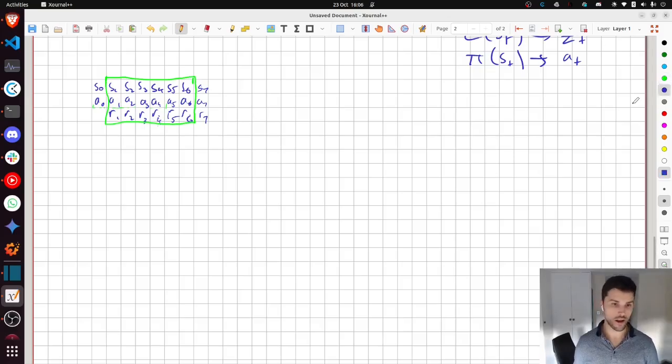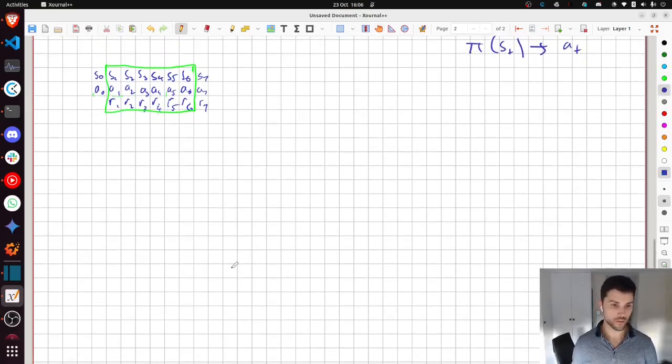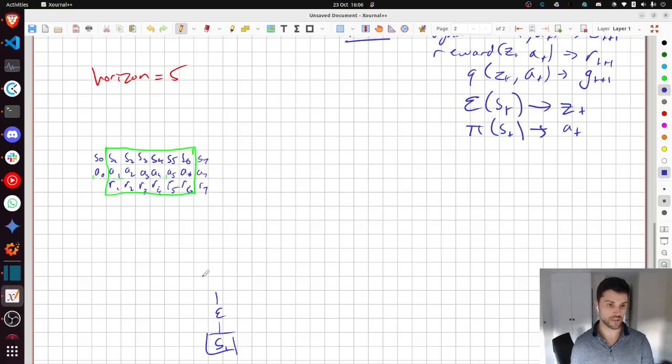Okay, so I'll take a graphical approach towards this here. We'll start with our first state that we've gotten from our batch, right? And what we're going to do is pass that through the encoder, and that's going to give us a predicted latent embedding. I'll put a little hat here just to emphasize that it came from a neural network. So that's Z1.